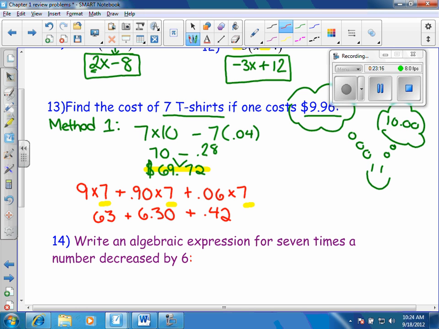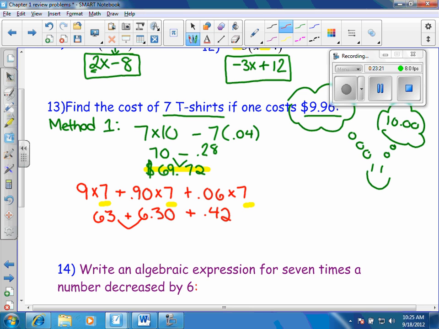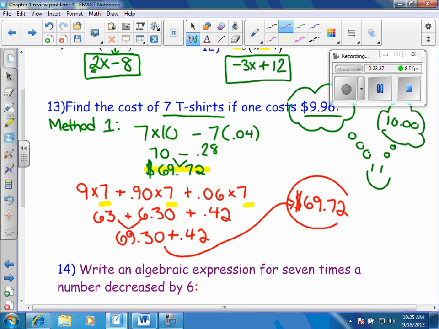So here you get $69.30, that's correct, plus 42 cents. And you end up getting the exact same answer, $69.72. So the goal is that you could demonstrate your understanding of distributive property with either method.